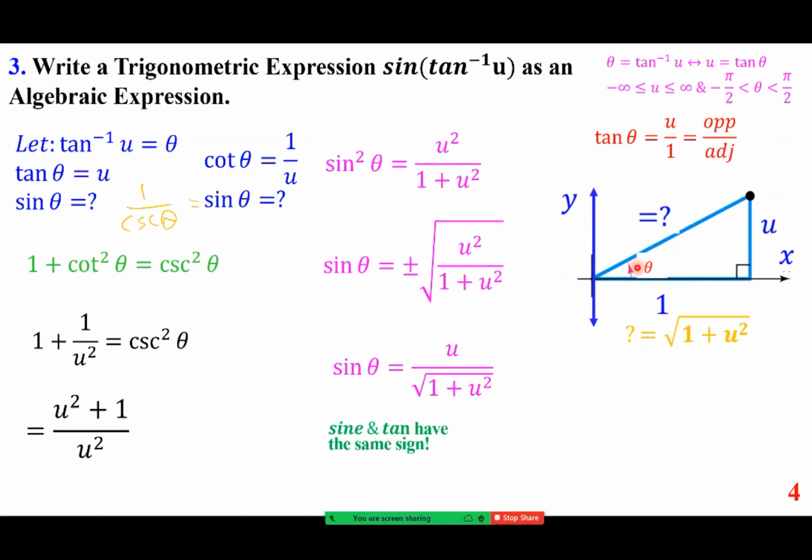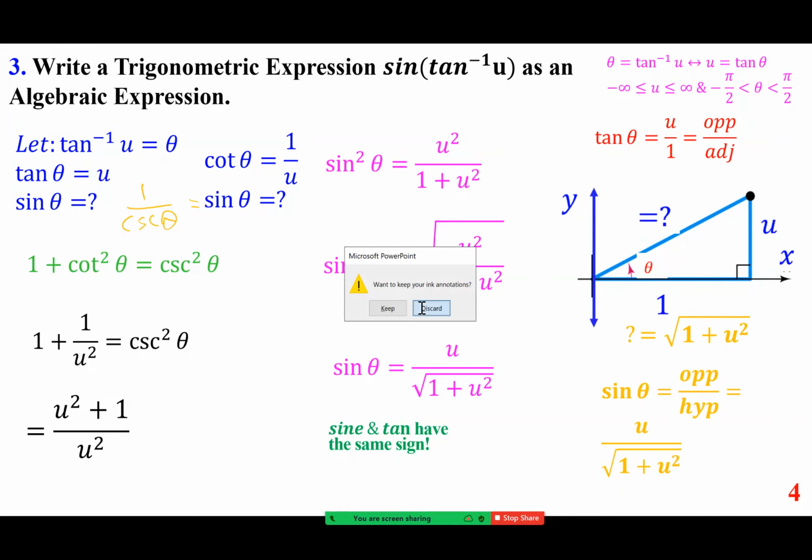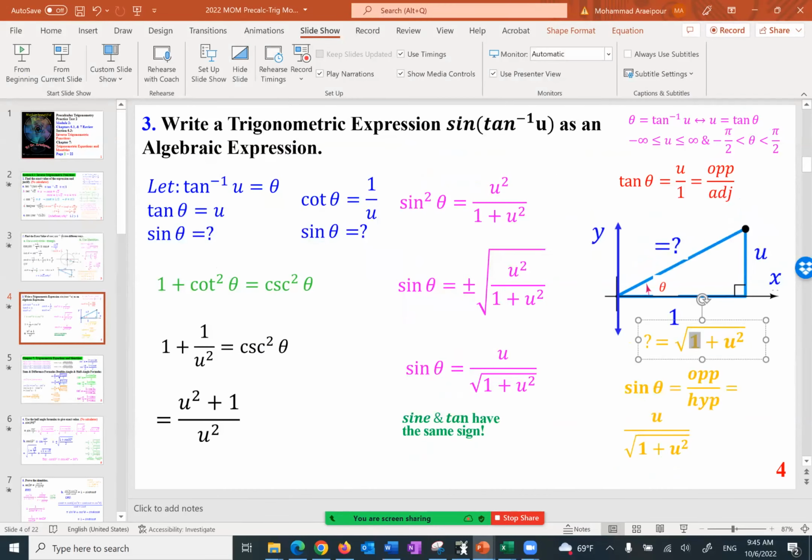And we know that sine theta is the opposite, which is u, over the hypotenuse we just found. Perhaps if we put this up here, it looks better.